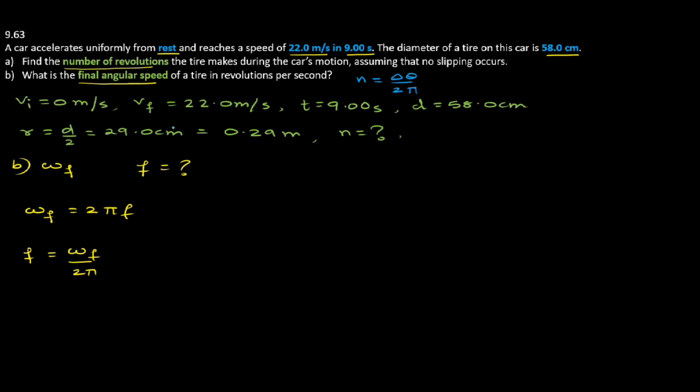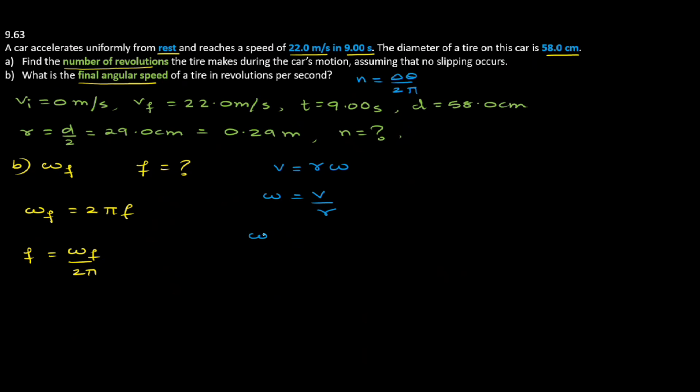We have the final linear speed, and we know that linear speed and angular speed are related to each other by the expression linear speed v is equal to r times the angular speed. So I can find angular speed omega by dividing the linear speed by the radius r.